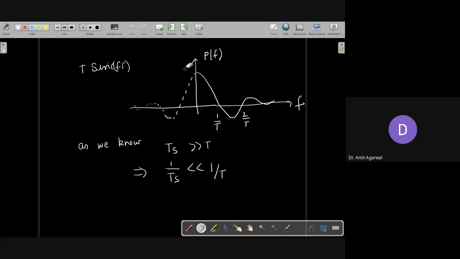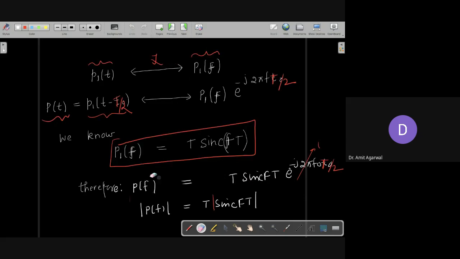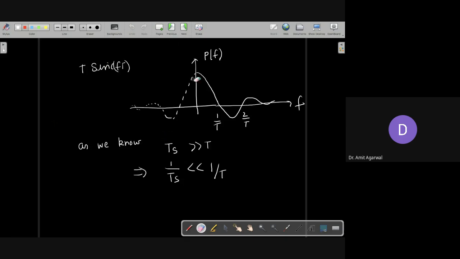So pictorially, mathematically we have written the spectra. If you plot the magnitude, or if you are interested only in magnitude, then it will be like this, right?